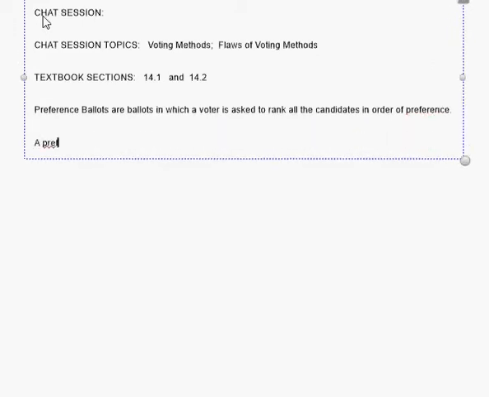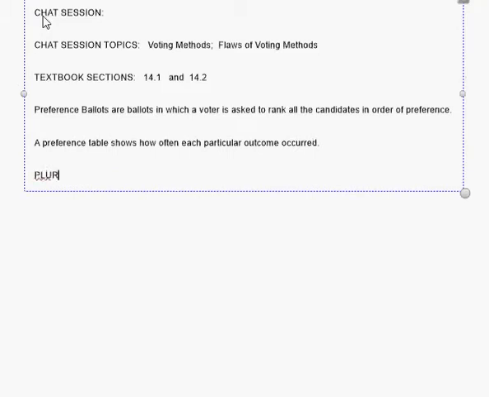A preference table shows how often each particular outcome occurred.